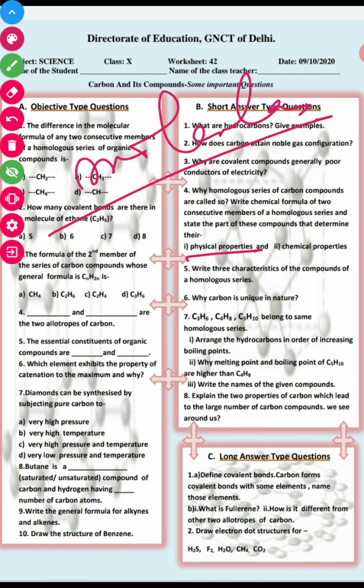Whereas chemical properties are the same, because they have the same functional group. So the chemical properties remain the same, but physical properties are different.